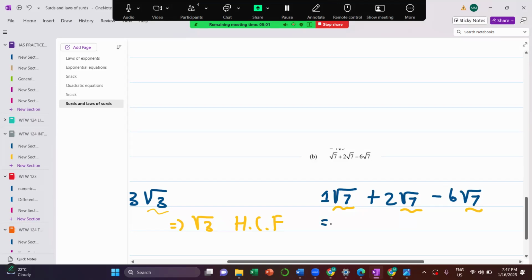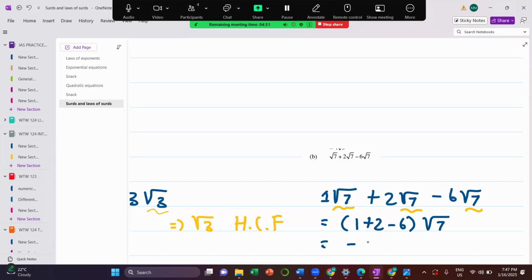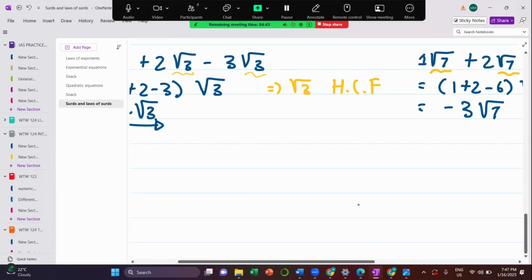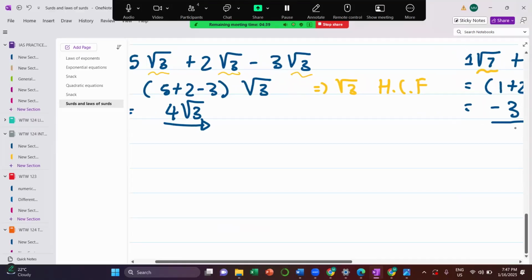So I can actually write this as 1 plus 2 minus 6, and then I take out the square root of 7 as a highest common factor. So I'm going to have negative 3 square root of 7. Are you guys okay with the laws?